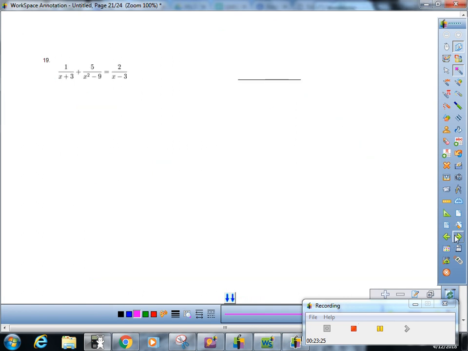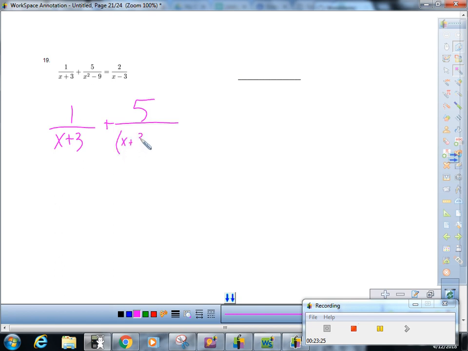All right, let's factor. 1 over x plus 3 plus 5 over x minus 3 equals 2 over x squared minus 9, which is x plus 3 times x minus 3. I don't need to get a common denominator over here, which is a question similar to the one Noah asked earlier. I only have to worry about the left side to start.